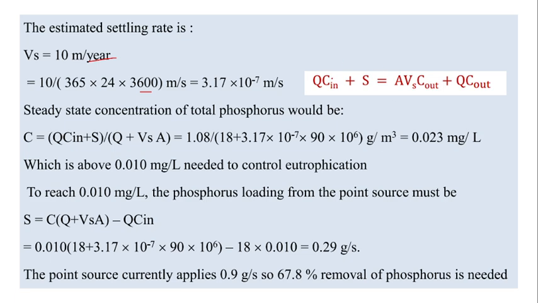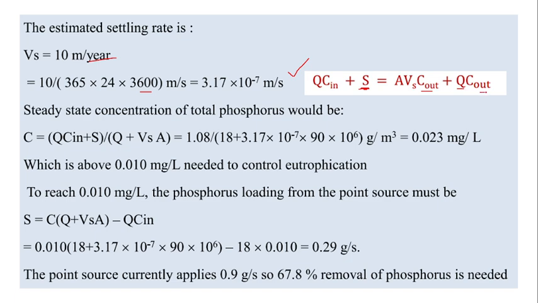This is the mass balance equation used to solve this problem: QC in, which is the flow rate of the water and the concentration of phosphorus in the inlet stream, plus S, the point source addition which is being constantly added. At steady state, this equation is arrived: area into settling rate Vs and C out, where C out is the outlet concentration, and again Q is the same flow rate.